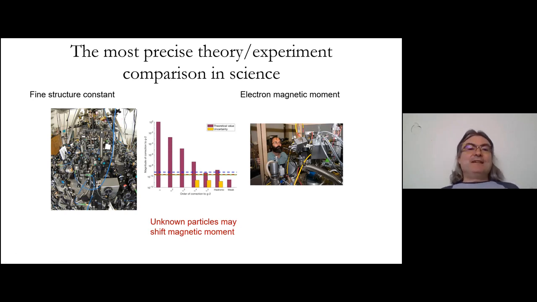And so we have a case where an accurate measurement and an accurate calculation can be combined and compared to another accurate measurement. So we have three ingredients in this comparison between theory and experiment, and they are all enormously accurate. In some sense, this is the most precise comparison between theory and experiment in science.